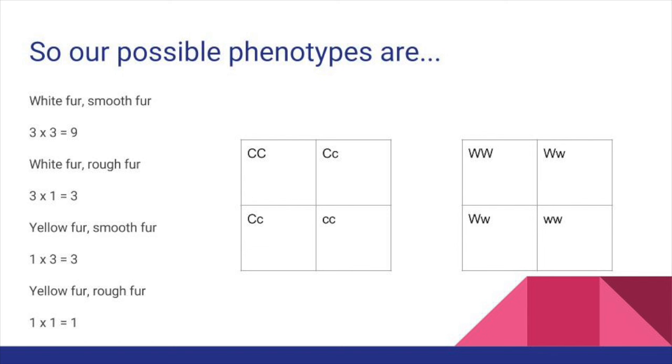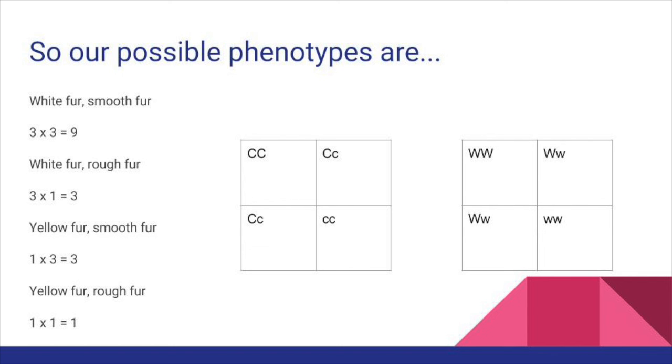For yellow fur and smooth fur, well, let's say yellow, I have 1 possibility on the right Punnett square, the little w, and for smooth fur, I have little c. And finally, for yellow fur, rough fur, those are the homozygous recessive. I've got little w for yellow fur on the right, and little c for rough fur.